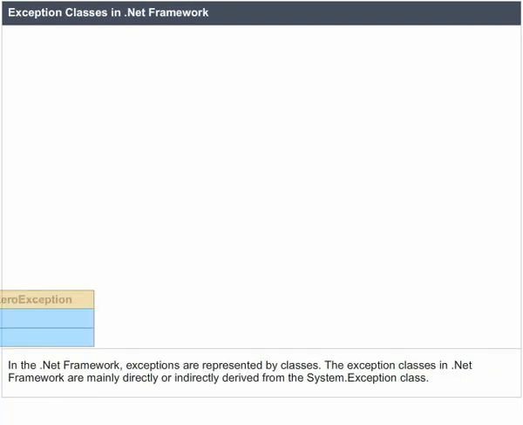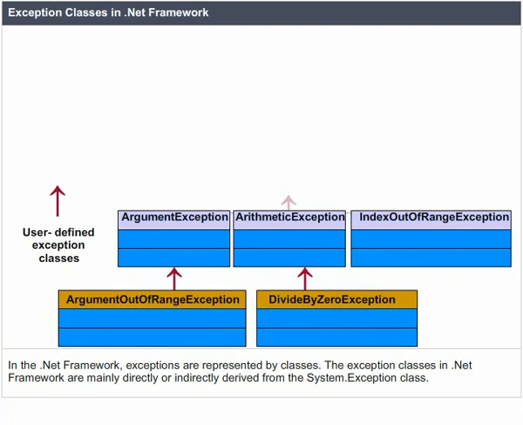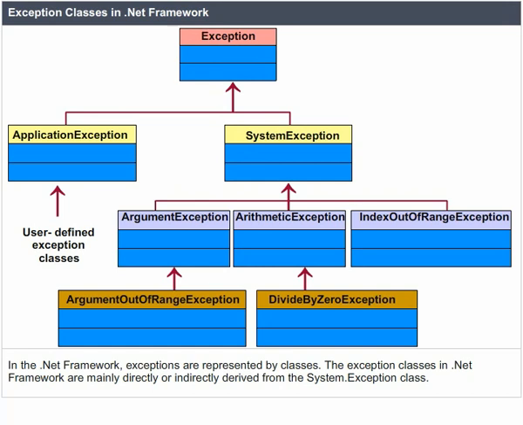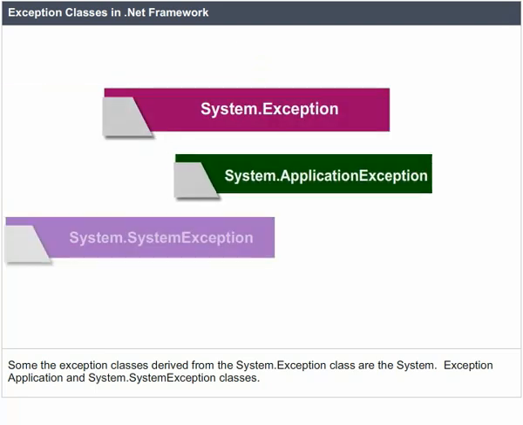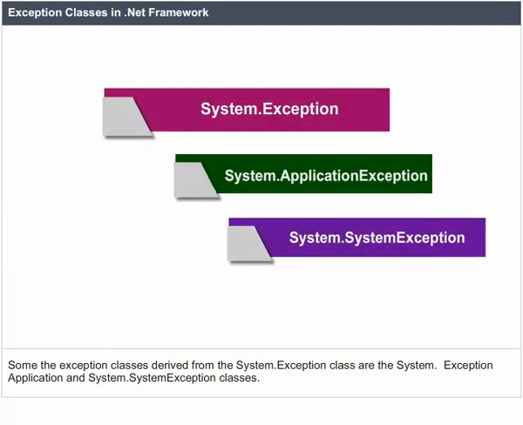Exception classes in .NET Framework. In the .NET Framework, exceptions are represented by classes. The exception classes in the .NET Framework are mainly directly or indirectly derived from the System.Exception class. Some of the exception classes derived from the System.Exception class are the System.ApplicationException and System.SystemException classes.